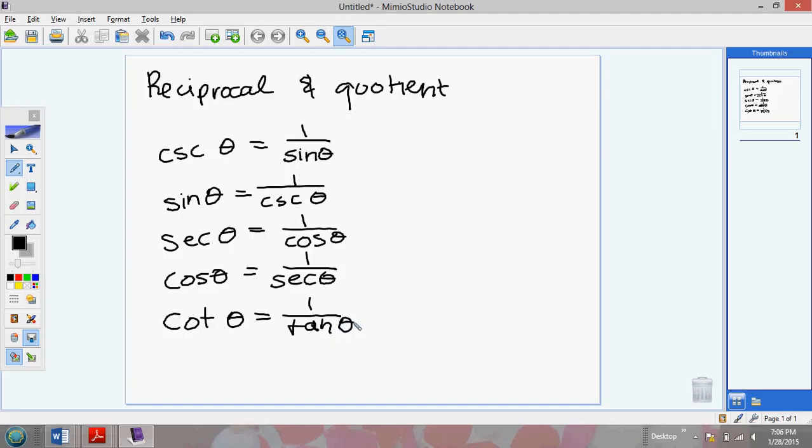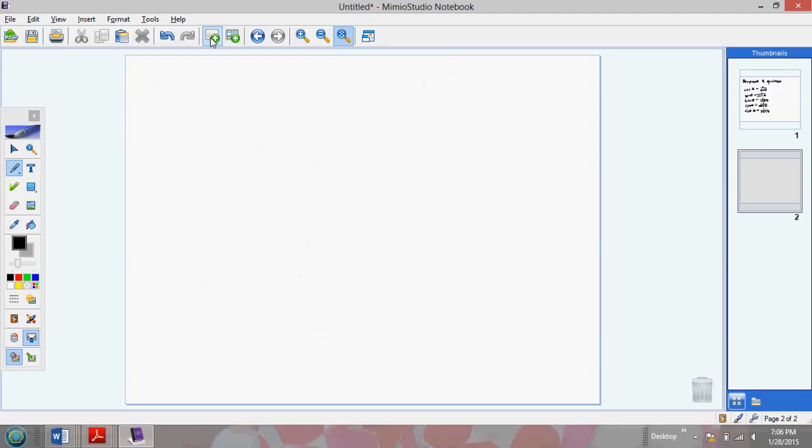We're going to do some quotient identities. Quotient identities are the ones that are written already as a quotient. So those, of course, are tangent theta and cotangent of theta. Tangent of theta is sine over cosine, right?